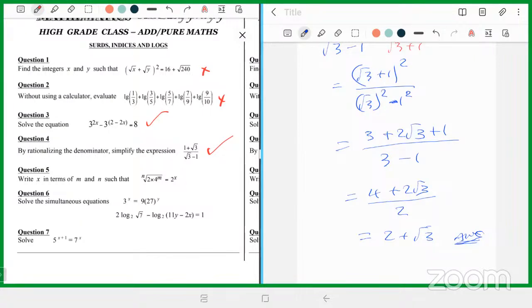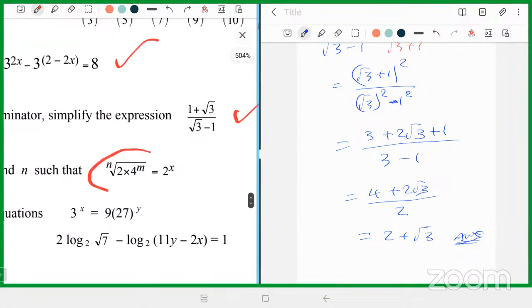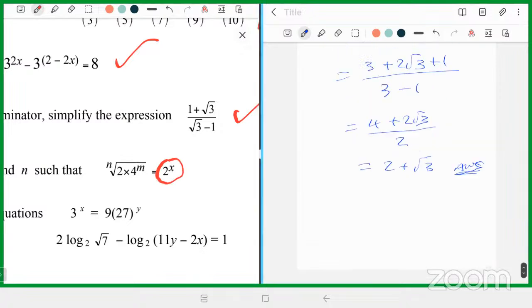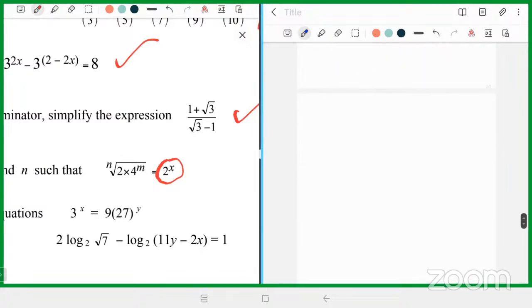Next question is this one. It says, write x in terms of m and n. In other words, what I want to do is take this and make it become indices with base 2. Simple as that. So we're going to start with the left side of that expression.